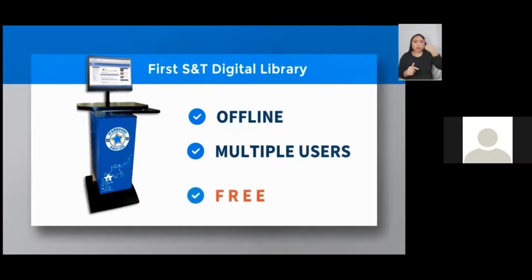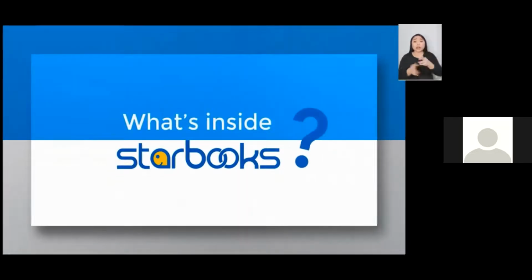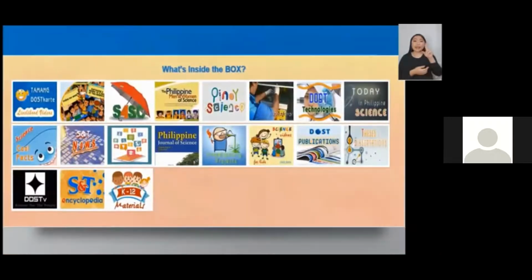And best of all, binibigay po natin ng libre yung system ni Starbucks sa ating mga beneficiaries or requesting institutions. Yan. Kailangan lang po meron tayong mga hardwares na nararapat or angkop kay Starbucks and i-installan po natin siya ng libre. Yan. So ano naman yung meron kay Starbucks? Ano yung laman ni Starbucks? Si Starbucks po ay merong more than 100,000 records na kinabibilangan ng full text materials.